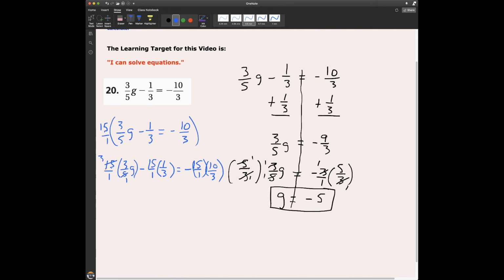So this would be 3 times 3, which is 9g. Here, the 3 cancels with the 15, so I'm subtracting 5, and that equals, and then here I can cancel, that's 1, and that's 5, and then this is negative 50.